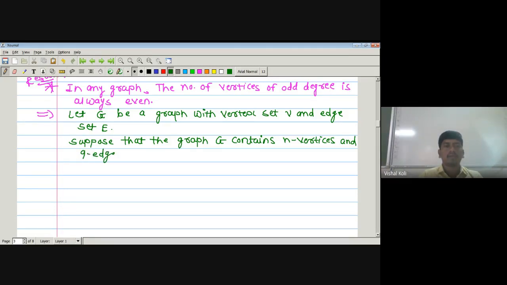Okay. So G is a graph which contains n vertices and q edges. These n vertices are v1, v2, and so on up to vn, and there are q edges in graph G.